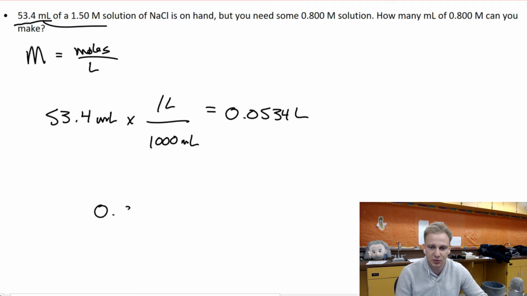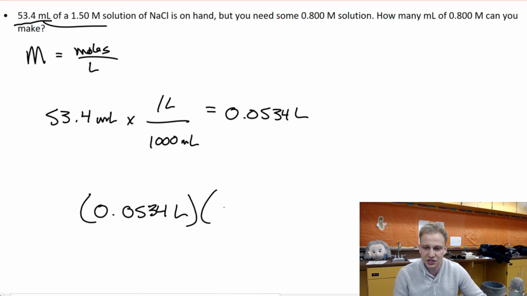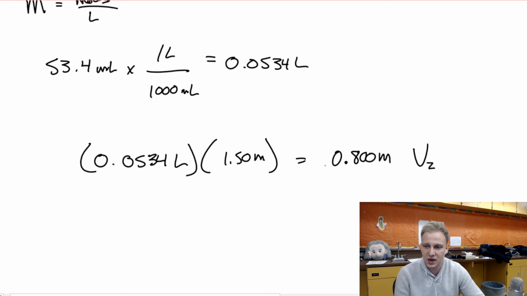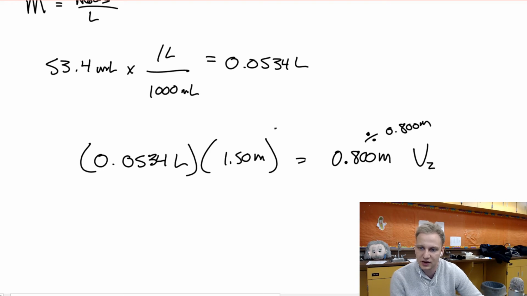What we're starting with is this piece of information here. We have the 0.0534 liter solution, and we know that its concentration is 1.50 molarity. We want to generate a 0.800 molarity solution. The question is, how much volume can we actually make? So we have volume units on the left and molarity on the right, and we want to divide by 0.800 molarity from both sides.